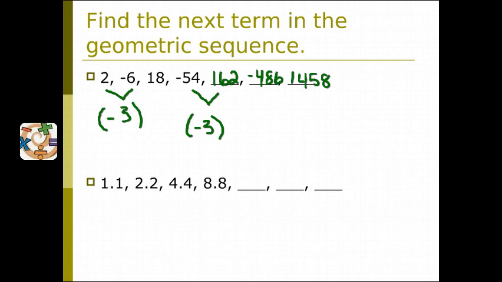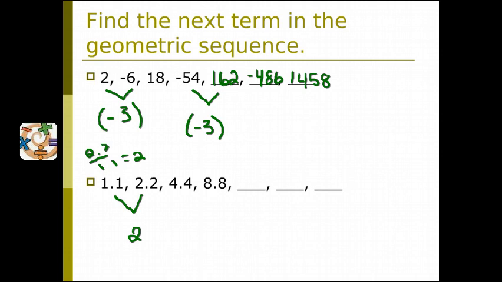Just like in the first example, before we can find the next terms in the geometric sequence, we have to find the common ratio. To get from 1.1 to 2.2, divide it again. So 2.2 over 1.1 equals 2. So 2 is your common ratio.